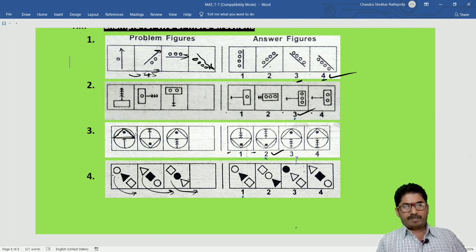So that's why first and third, first and third. In the middle only, all I have shaded black. So that's why the first one is absolutely correct.